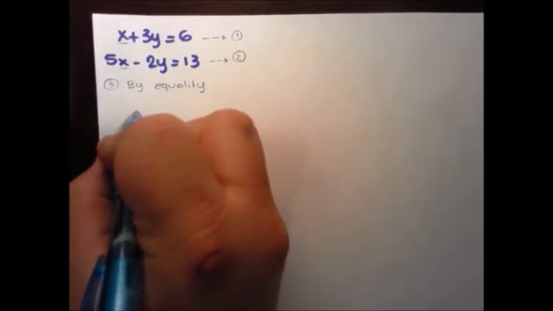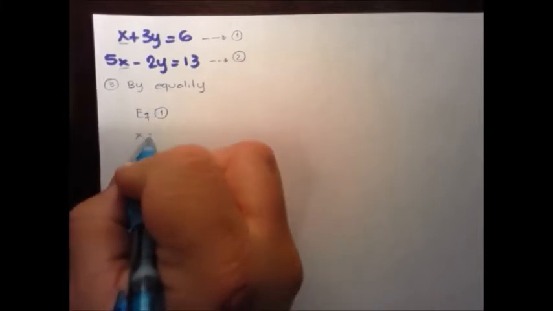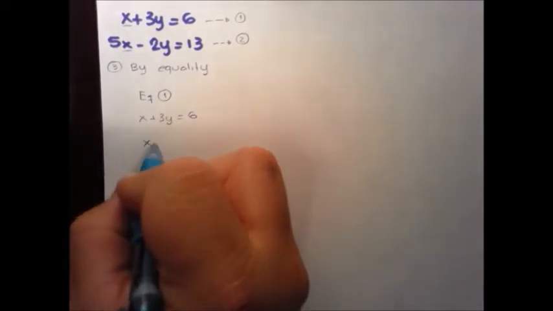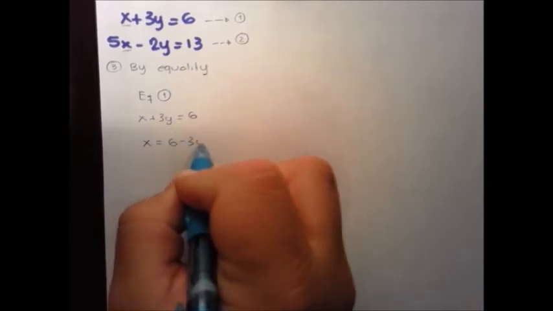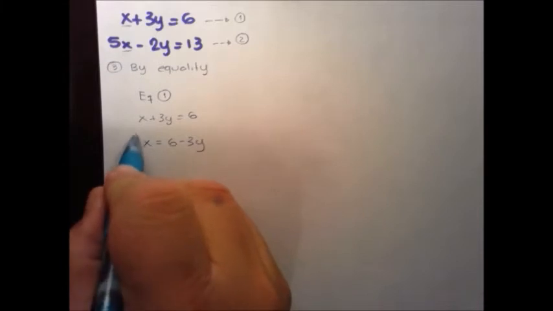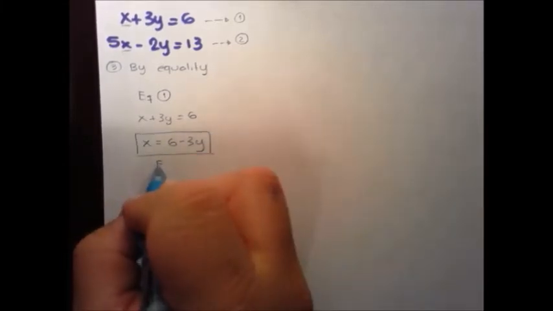Let's take equation number 1. Let's write x plus 3y equal to 6, and clearing, x is equal to 6 minus 3y. Okay, this is positive passing negative.